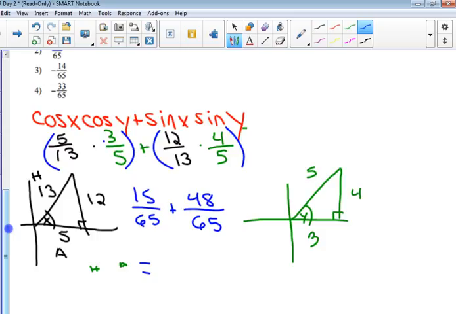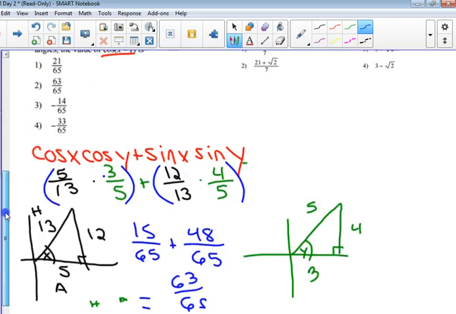Usually with these multiple choice ones, what did you guys get as your final answer when you added? 63 over 65?